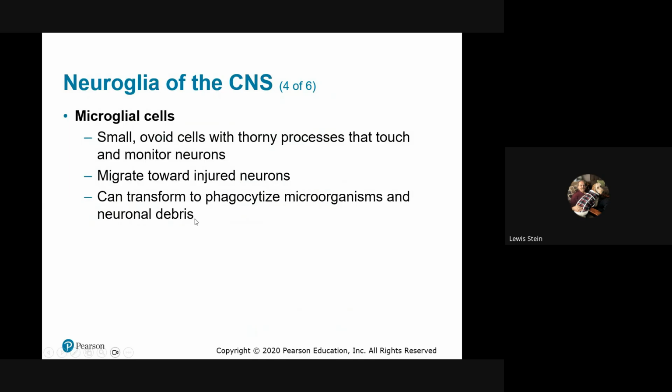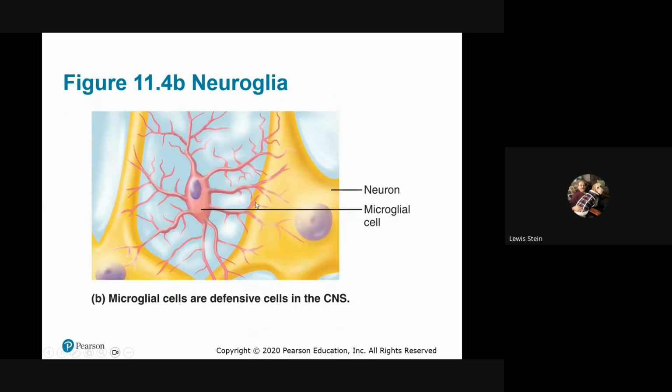So they play an important, scavenger-like role. And this is the diagram that they would use. Defensive is really a good word to describe their roles, somewhat analogous to the role that the white blood cells circulating in your body do all the time.